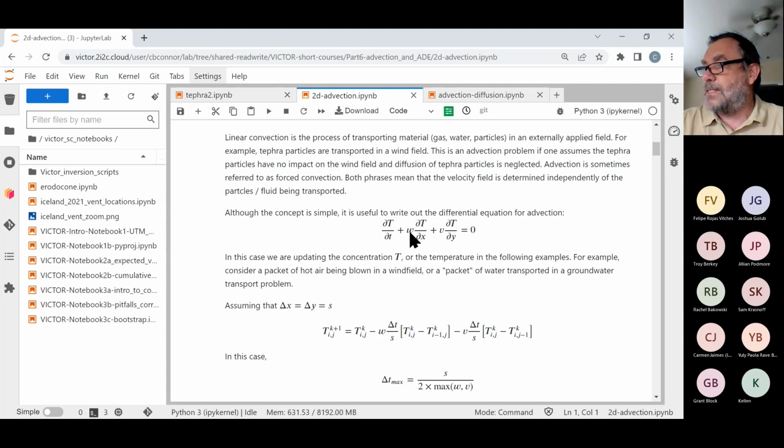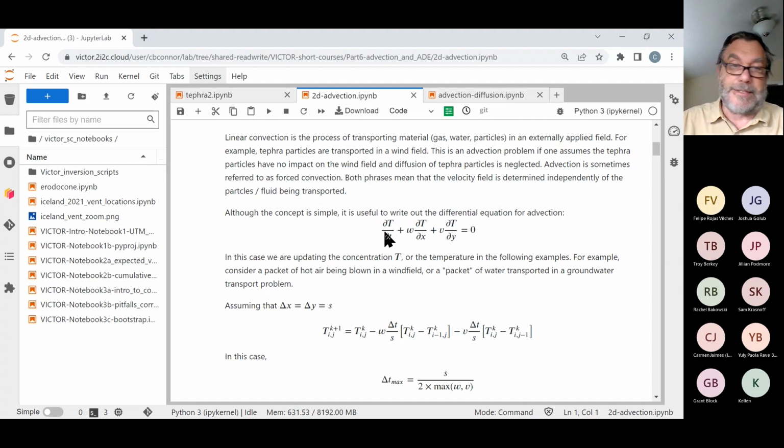Basically, if we want to look at the change in concentration with time, we're just going to look at what's around that particle currently, and given the wind velocity, what is around it dictates what comes into it and how the concentration changes in the next step. So pretty straightforward with the advection equation.